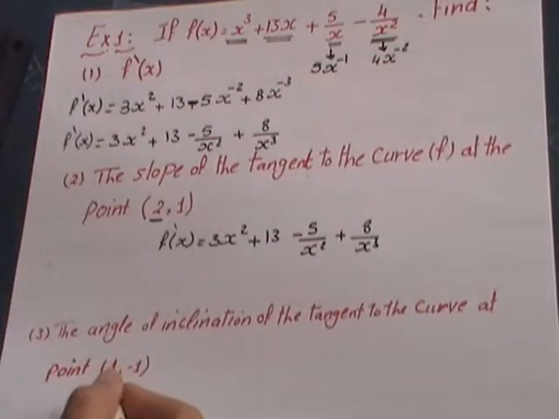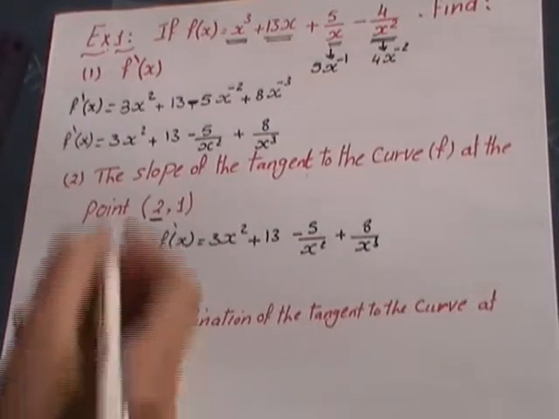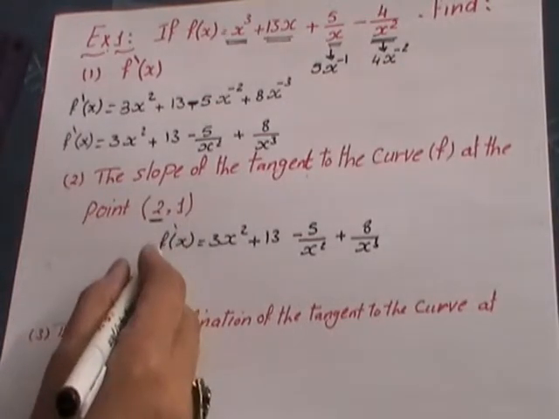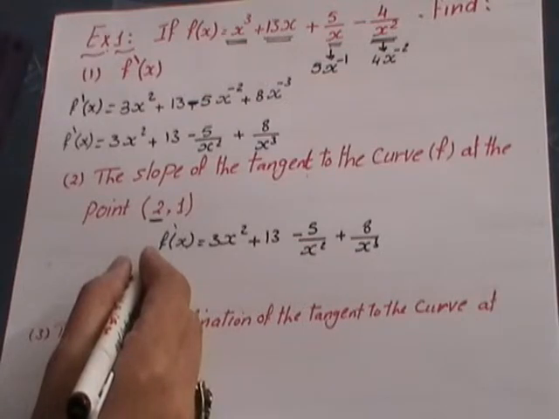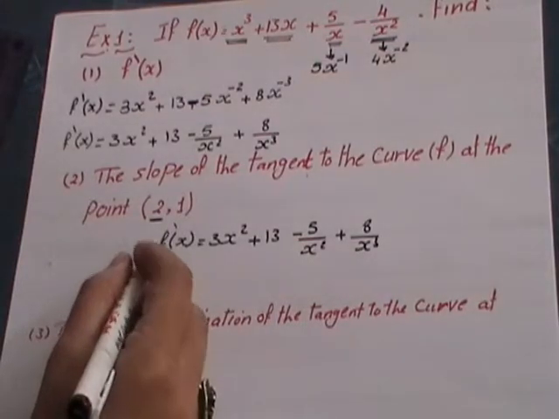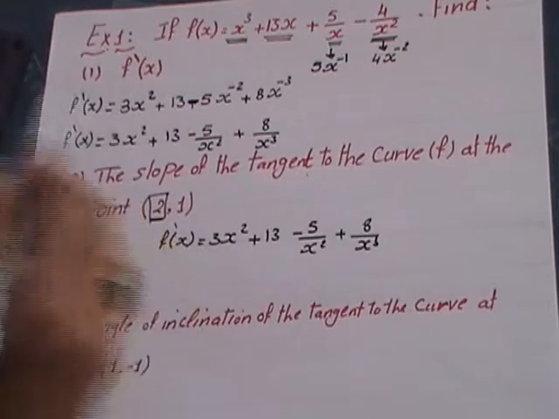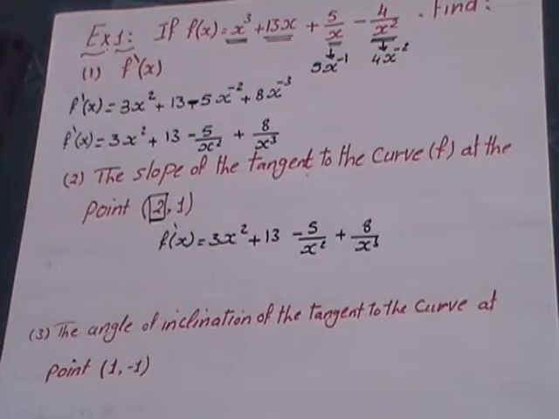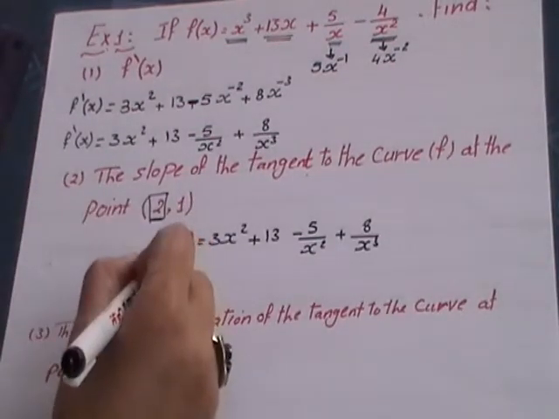Now I want to find the slope. So we find the value of the first derivative after we substitute the value of x with 2, in the coordinate of the point he asked about. Instead of all x, we put 2.